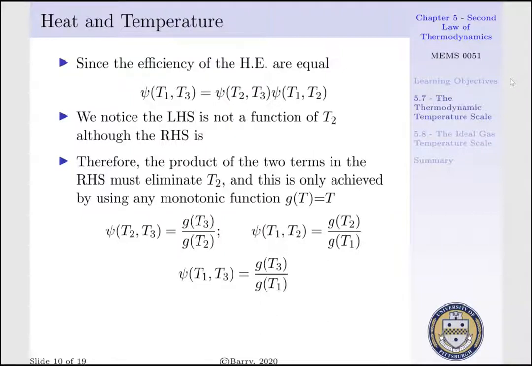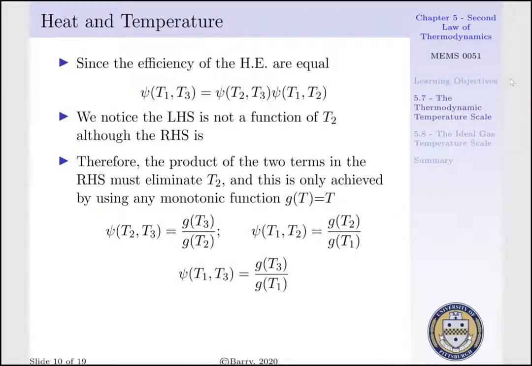We're going to call g of t just being equal to t. We'll define psi of t2 and t3 as g t3 per g t2, and psi of t1 and t2 as g t2 per g t1, and psi of t1 and t3 as g t3 per g t1. We see that when we multiply psi of t2 and t3 with that of psi of t1 and t2, our t2 terms cancel.